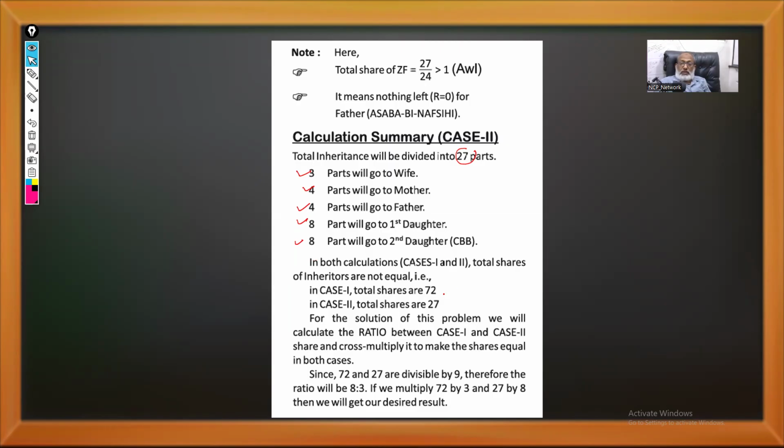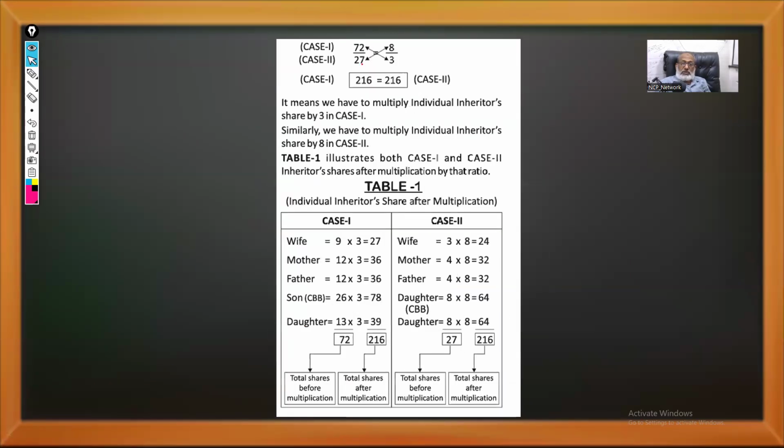72 and 27, both numbers can be divided by the common number 9. If we divide 72 by 9 and 27 by 9, the ratio will be 8/3.